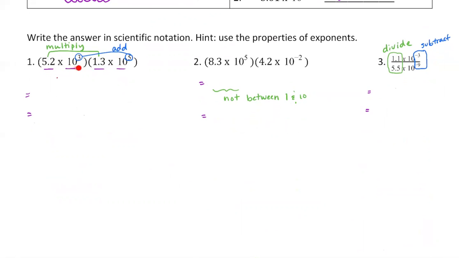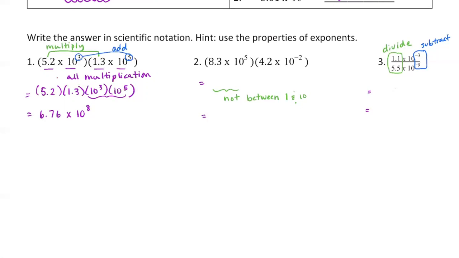I'm going to multiply the 5.2 and the 1.3 together, and then I'm going to add the exponents using the rule. The bases are the same, so I just add the exponents. So I'm going to get the 5.2 times the 1.3, which gives me 6.76 times 10 to the 8th.